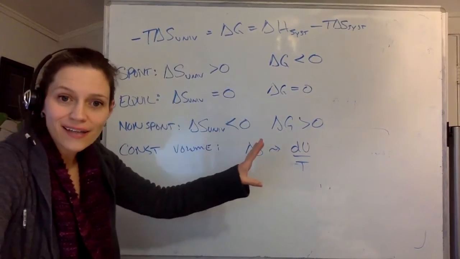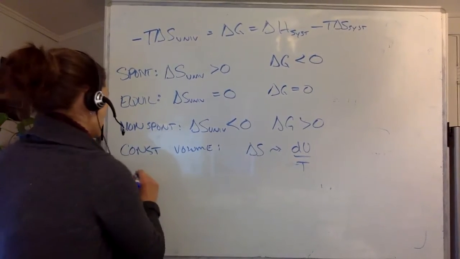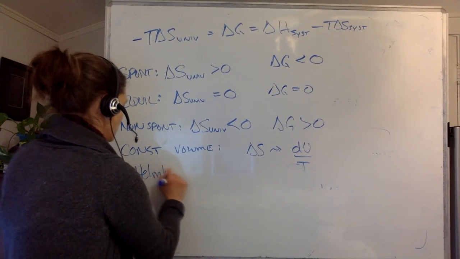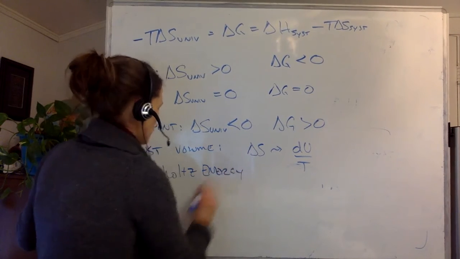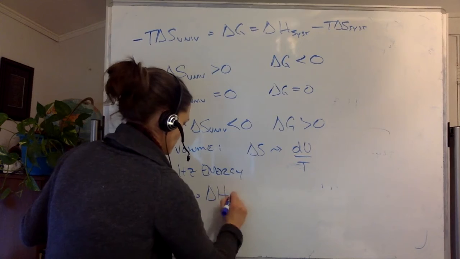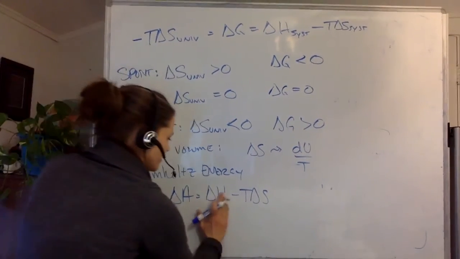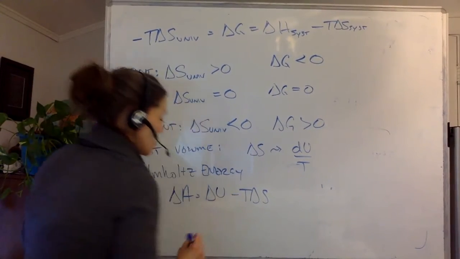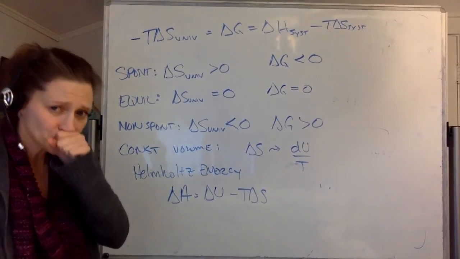If we do that, which again, under constant volume conditions, we get what's called the Helmholtz energy, and that's represented by A. Oh, sorry, this should be delta H. There we go. So I've got delta A is equal to delta U minus T delta S, where U is the internal energy.